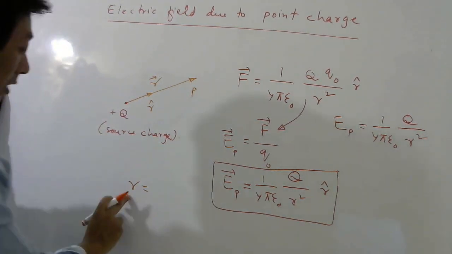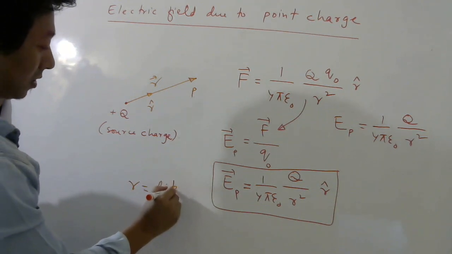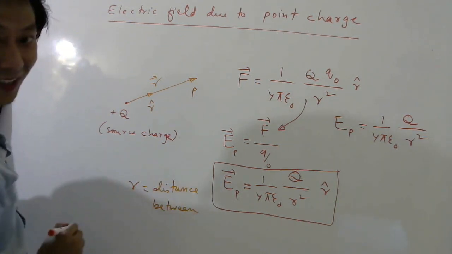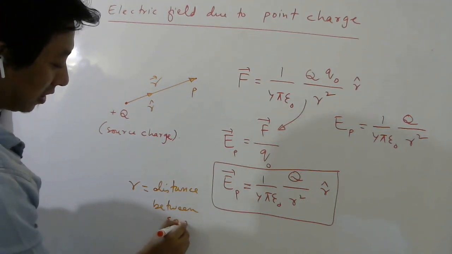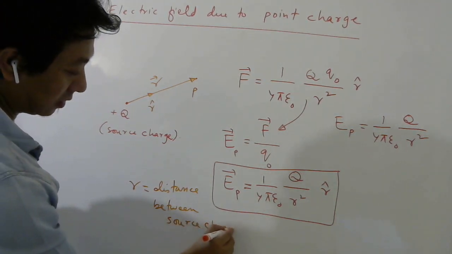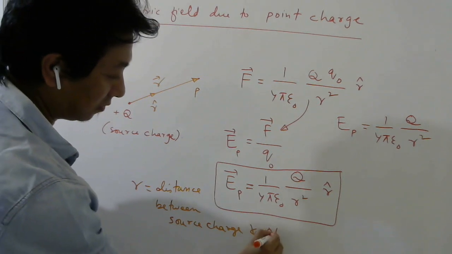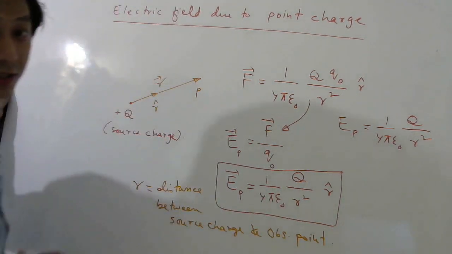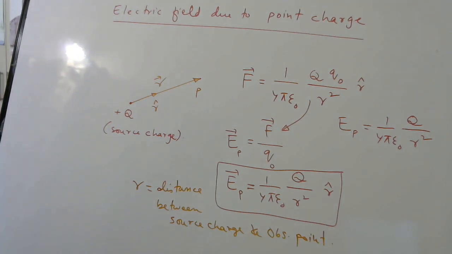So what is R now? Don't say distance between two charges, it is the distance between source charge and observation point.